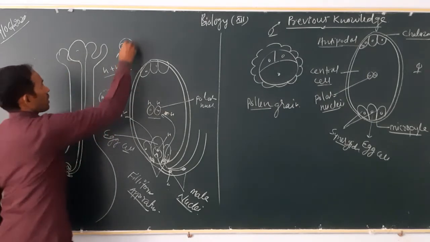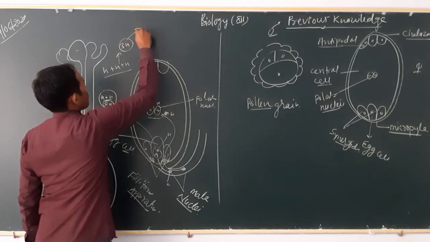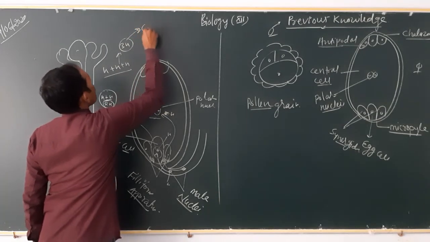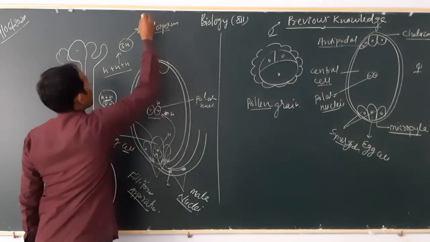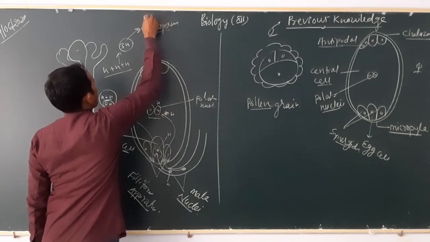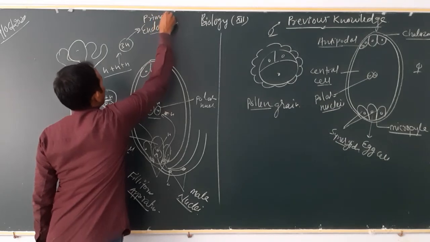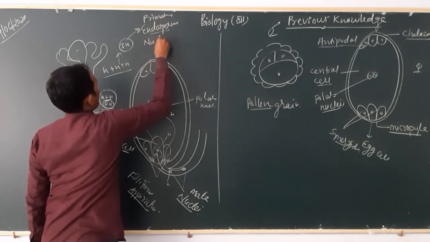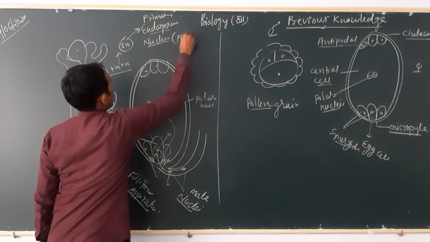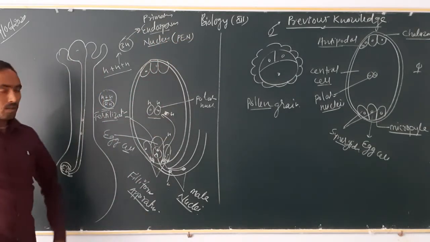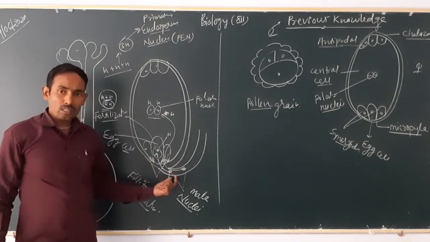And when it becomes 3N, it becomes the primary endosperm nucleus, which is 3N. Shortly you can write PEN.